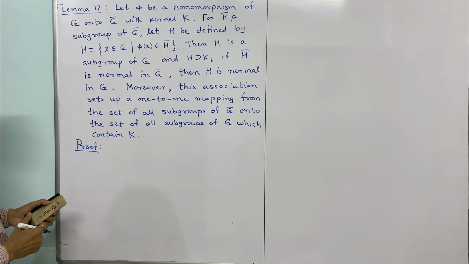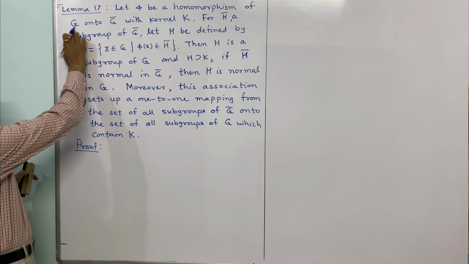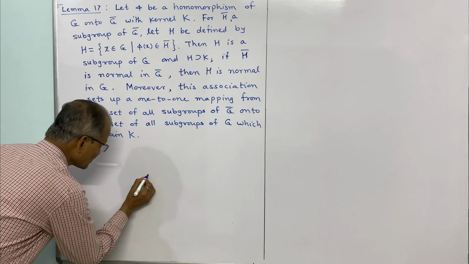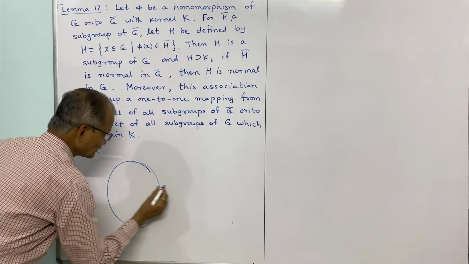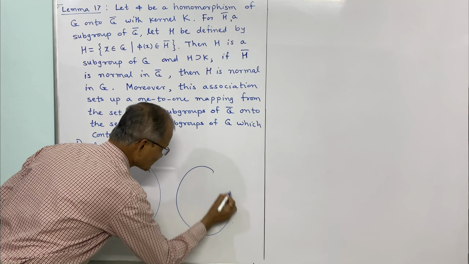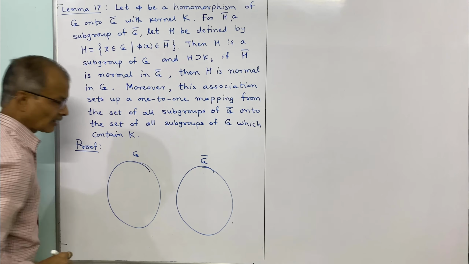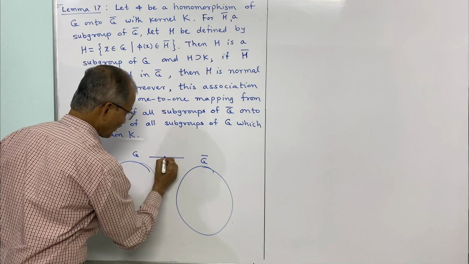See here, what is given is phi is a homomorphism between two groups, G onto G bar. Suppose this is group G, and let us suppose this is G bar, and phi is a homomorphism.